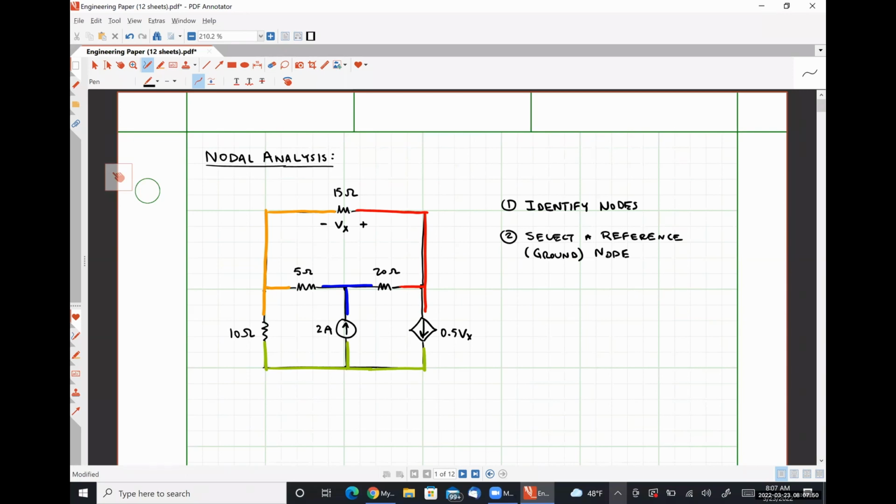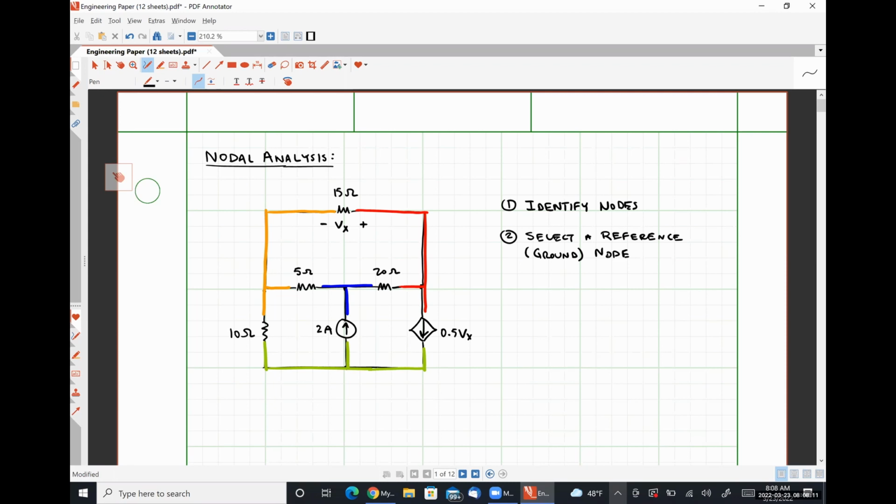So typically speaking, I choose my ground node to be the node that has the most elements connected to it. Okay. So if we look at the orange node on the top left, there are 3 elements connected there.